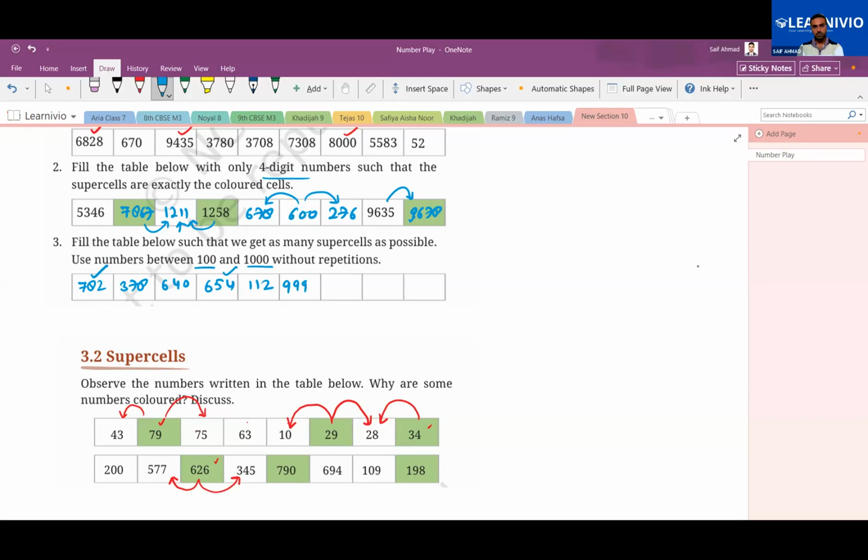600 and then 677. Then 320. Okay, so you have colored the numbers 654 and 999, then 677, 600.